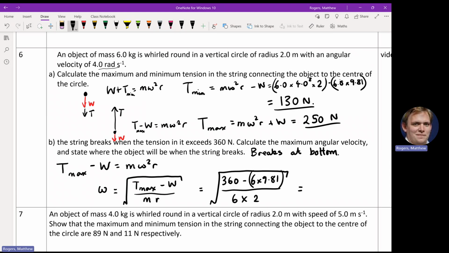Let's do that calculation. That's 5, so 5.0 radians per second.